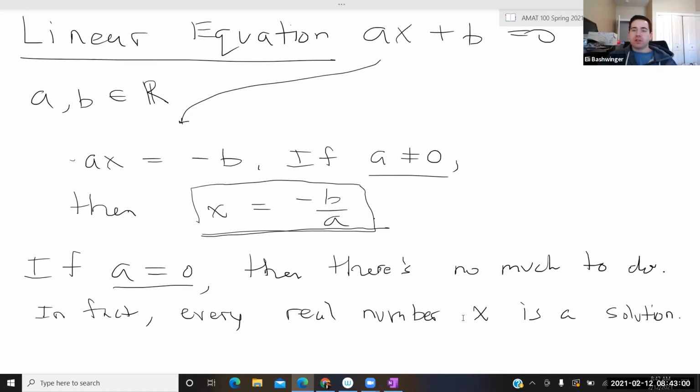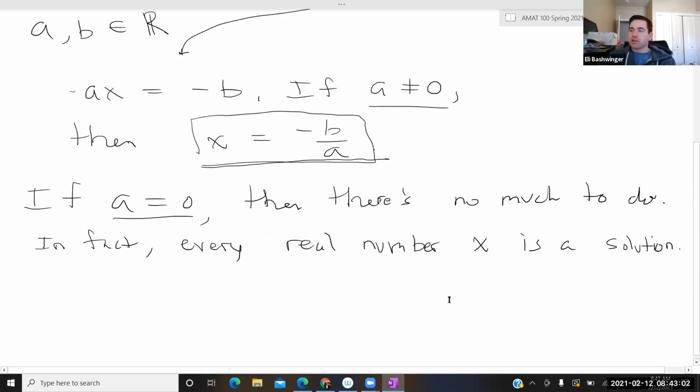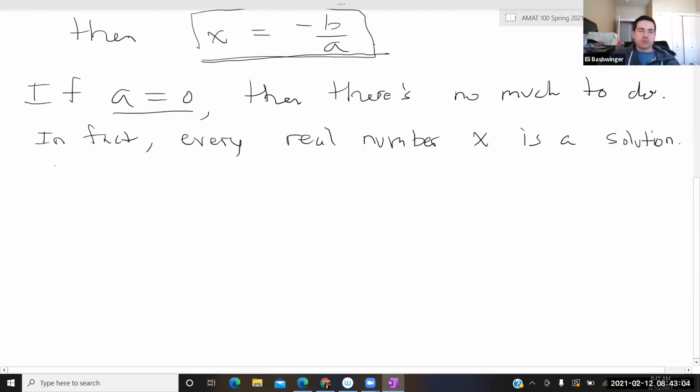Maybe I'll just go through one example. This is example 1 in the book. The example is 7x minus 4 equals 3x plus 8.